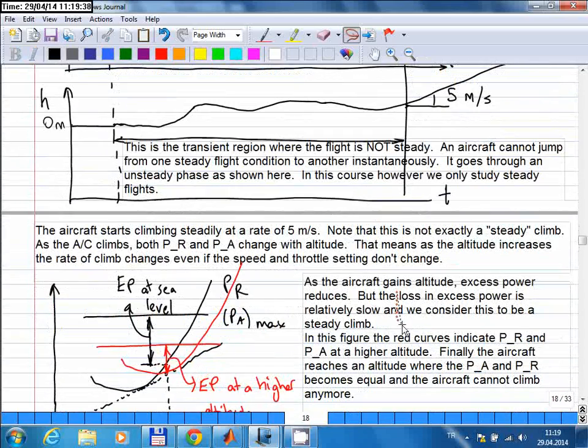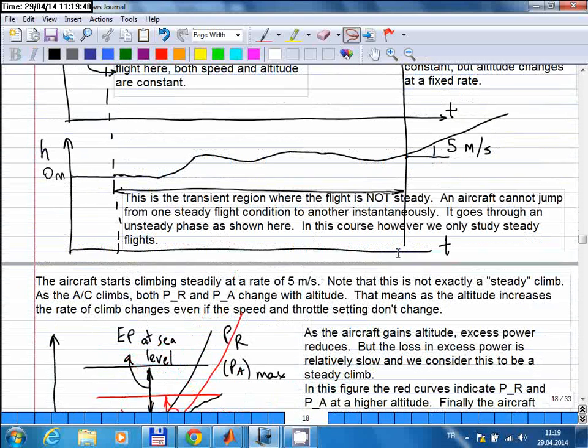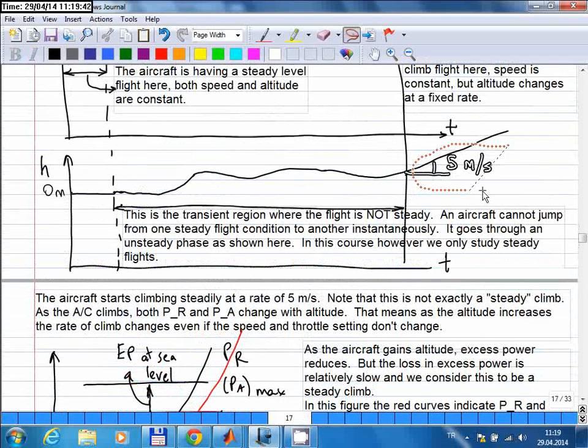Also, even though I say this is a steady climb, it's not exactly steady, because when this climb starts, it has a rate of climb of 5 meters per second. But if it climbs, let's say for 5 minutes, which is 300 seconds, the aircraft altitude will be increased by 1.5 kilometers.